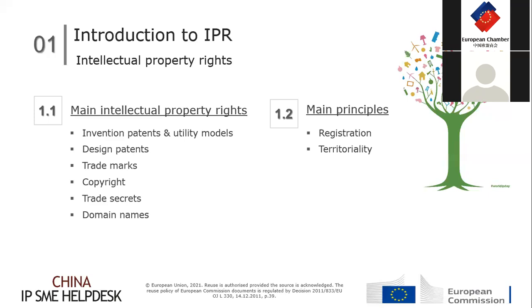Even though in Europe this principle is not so strict, because there are cases in which unregistered intellectual property rights have a certain level of protection, for example well-known trademarks, or designs, which even if not registered have some protection, this is not the case in China. In China, if you don't have a registration, you don't have any right over the aspect that you're trying to protect.